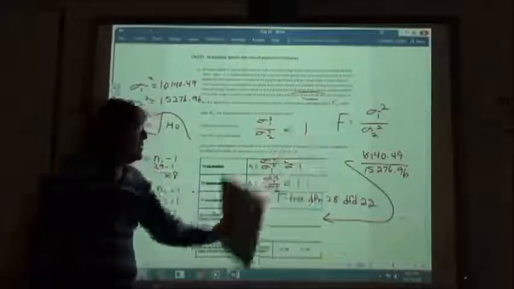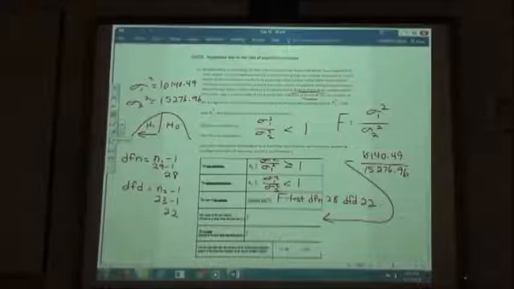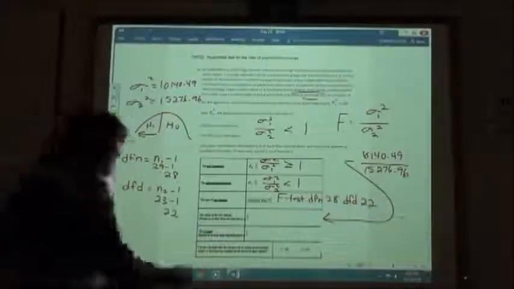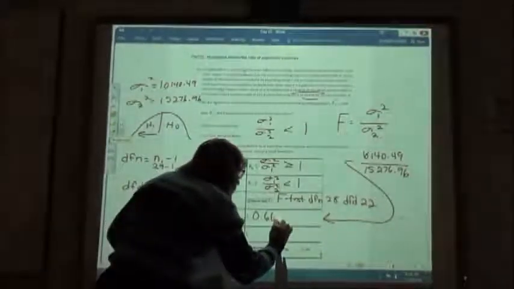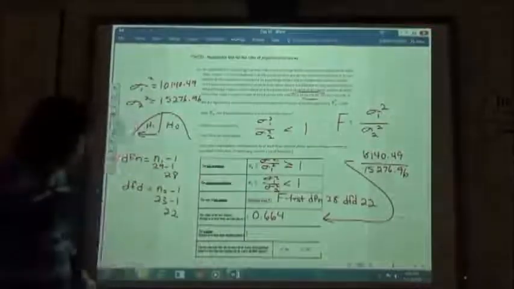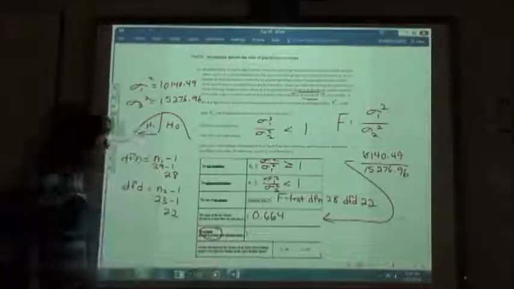So when you divide 10,140.49 divided by 15,276.96, what do we get? 0.664 then. Okay? We're doing the p-value.